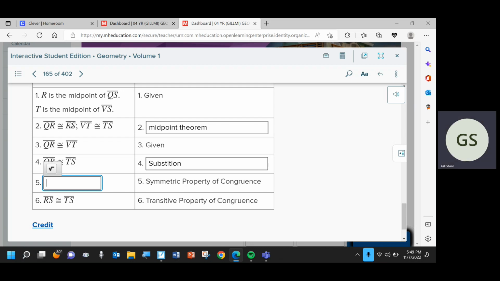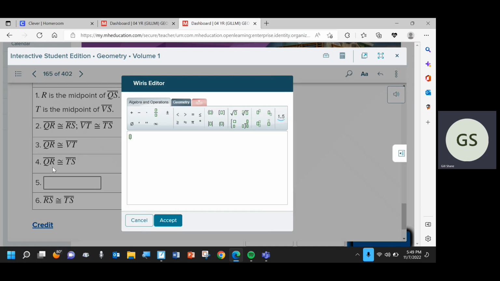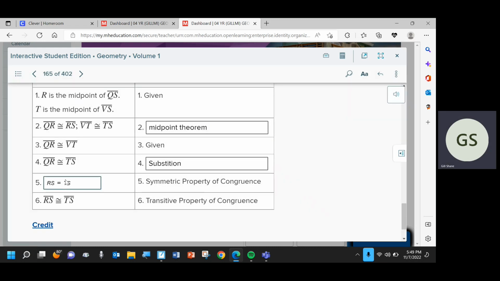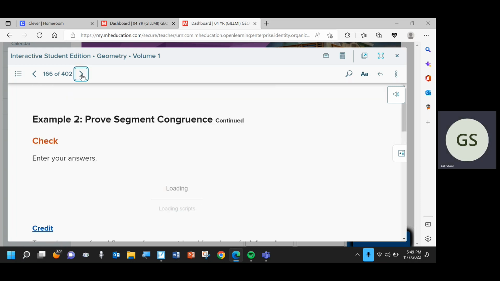So QR equals RS, so I would just be replacing QR with RS. I'm not exactly sure why they didn't do it this way: QR equals TS because TS was already in there. You'd have to make it congruent though. You'd have to put the line segment above RS and TS and then use a congruent symbol. I'm just in a hurry with my battery dying, and I'm not sure I know how to do that in that little equation editor.